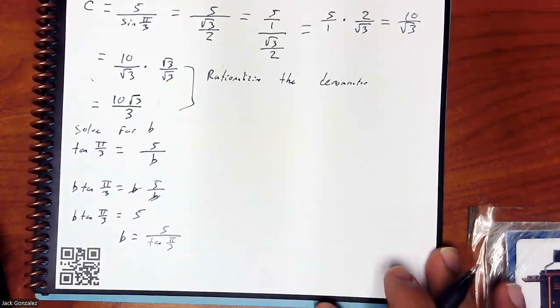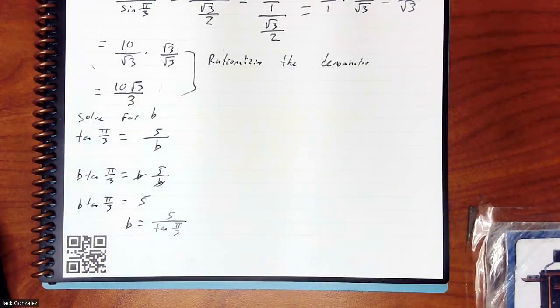Okay, so at this point, what is tangent of pi thirds? Tan of 60, right? Tangent of 60.